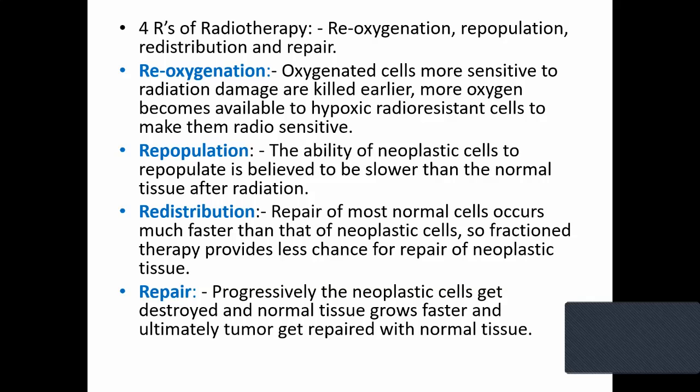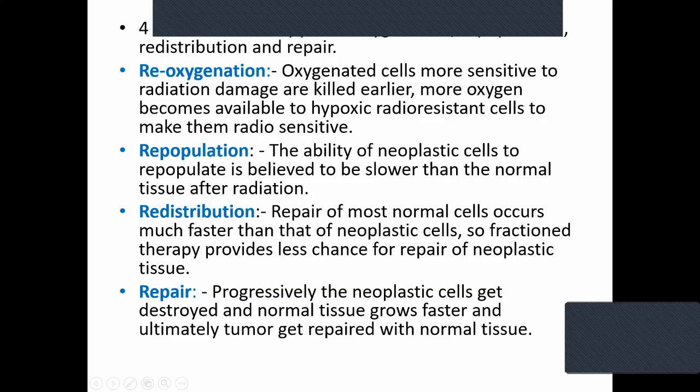So once we give a radiation dose, a larger number of tumorous cells get damaged or destroyed as compared to the healthy cells, right? So oxygenated cells are more sensitive to radiation damage and are killed earlier and more.